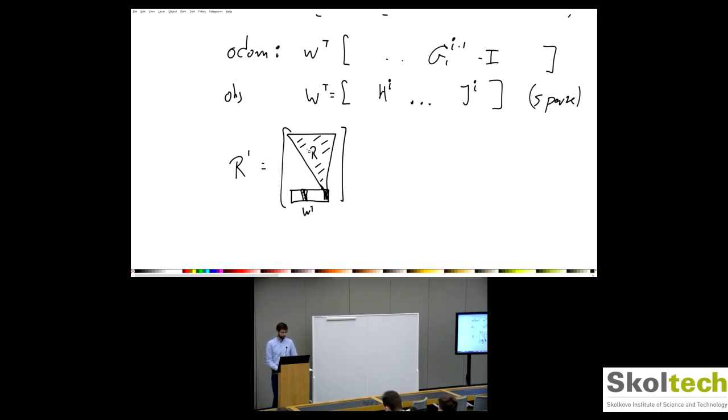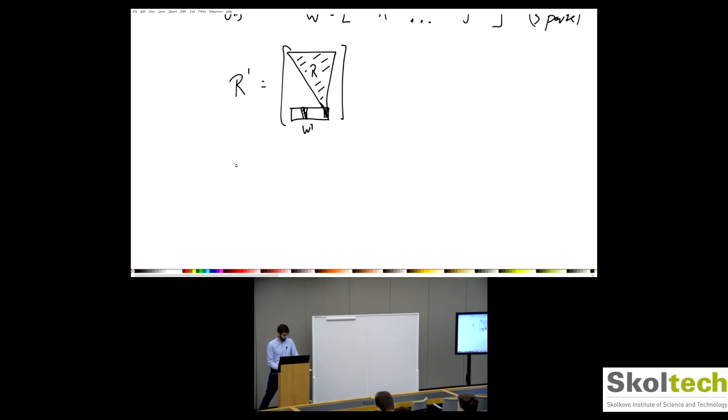We are not refactorizing R, we are just adding a new column, and then we'll see how we need to rotate this in order to get a new upper triangular matrix. Right, so for this, what we are going to be using is what is called the Givens rotation. I'm going to give an intuition of what it is, right?